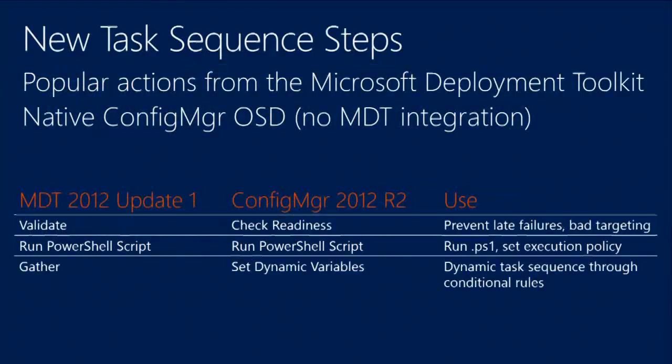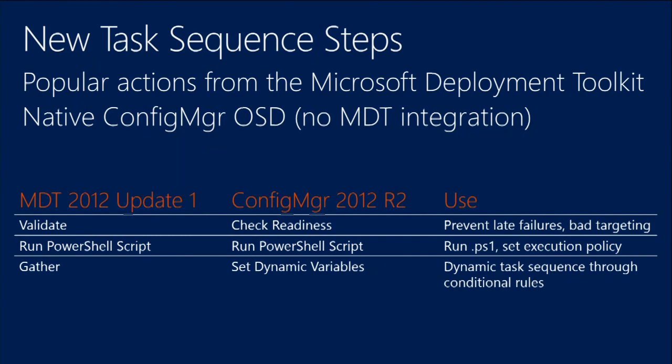So for those of you that are familiar with the Microsoft Deployment Toolkit, or MDT, there's the ability to integrate MDT into Config Manager and add a lot of really rich goodness into the OSD task sequence. Because of that popularity, and because the same team now owns both OSD and MDT, we've started to pull in some of those really primary and popular steps native into OSD.